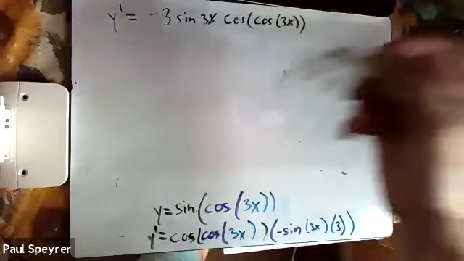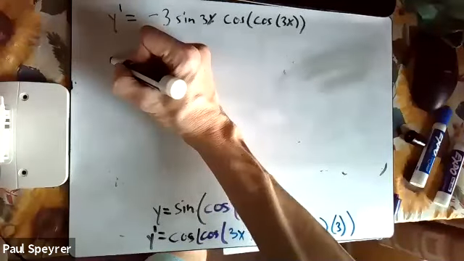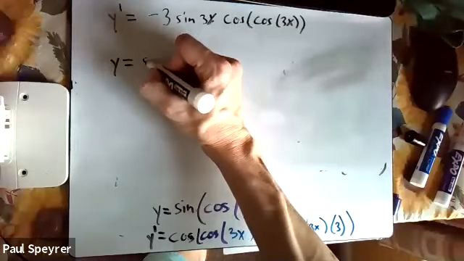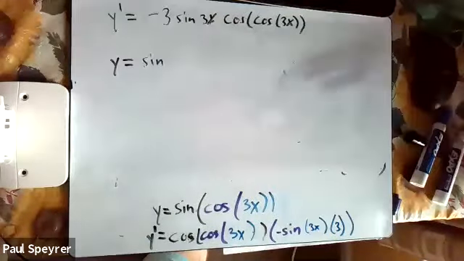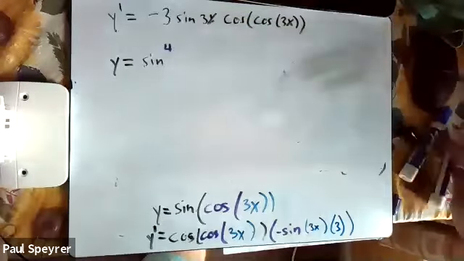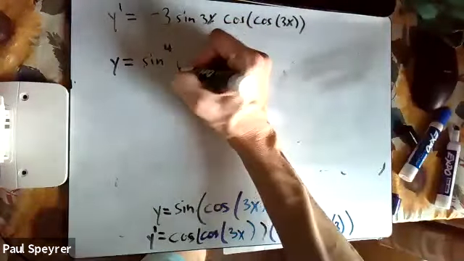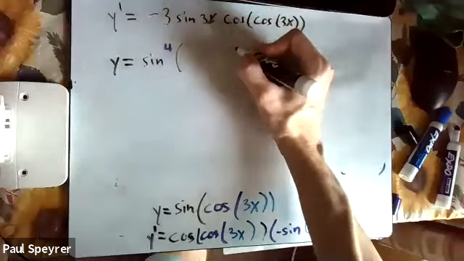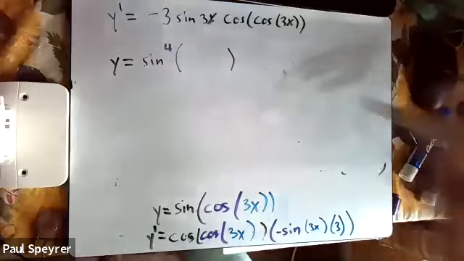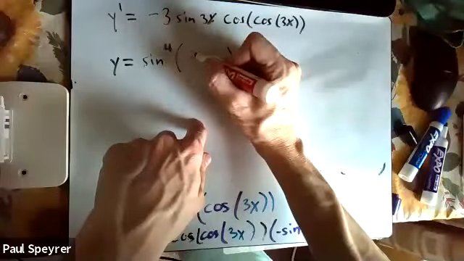Now, what if we had this, like y equals, I will say sine to the 4th of x to the 6th.